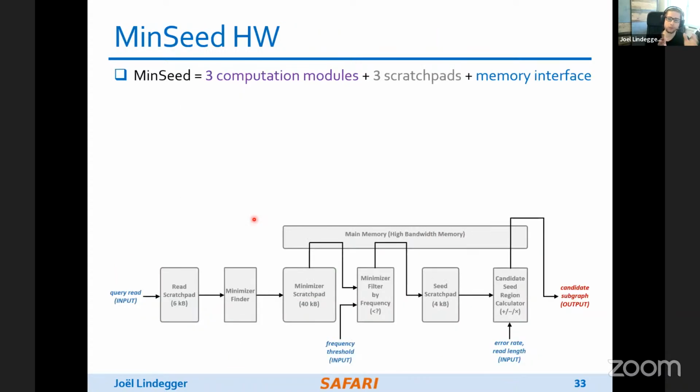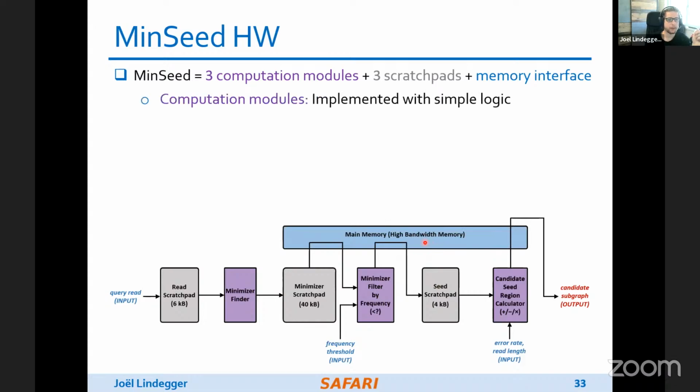Okay, so let's look at these two components, MinSeed and BitAlign, in some more detail. MinSeed consists of 3 computation modules, then some scratchpads in between, and some memory interfaces to query the index. Now, the computation modules are not just logically easy tasks, they're also cheap to implement in hardware.